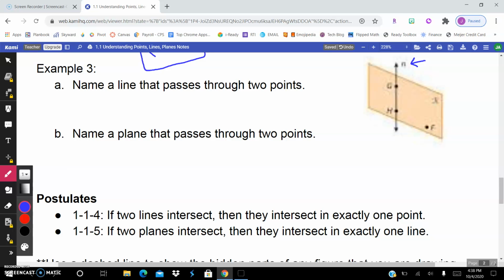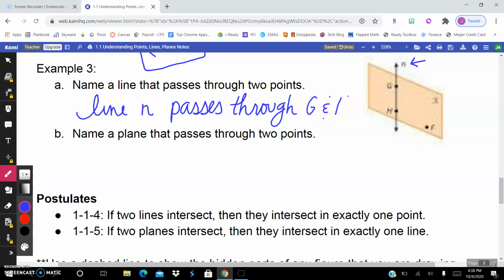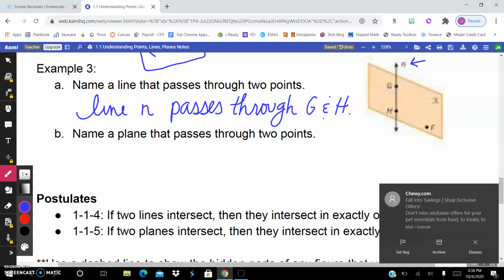But then I see also that there's this little N right here. So we can say one of 2 things. We can say line N that passes through the points G and H. Okay.